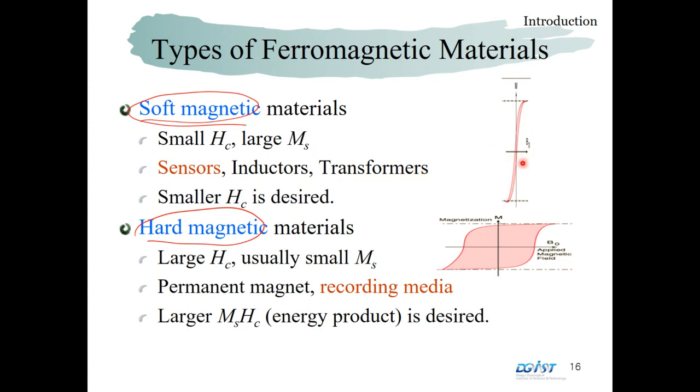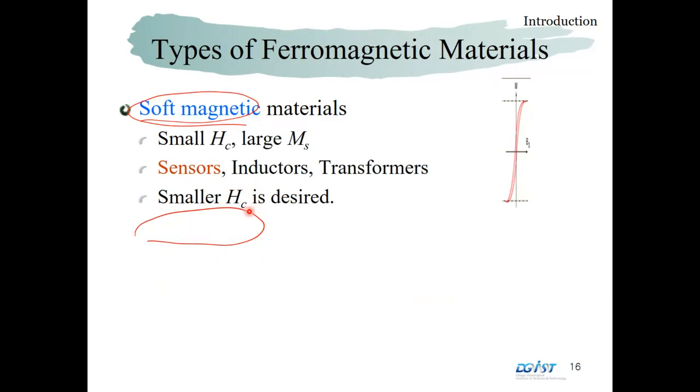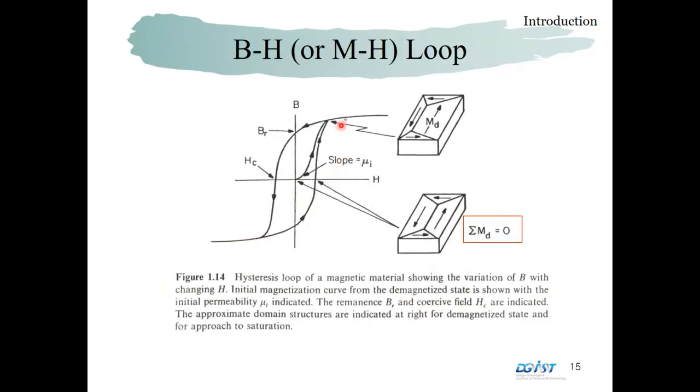And in this ferromagnetic material, smaller HC. The HC means, I didn't mention, sorry. In the previous case, in this image curve, when you apply a strong enough magnetic field, all the magnetic moments inside the ferromagnetic material point in the same direction.